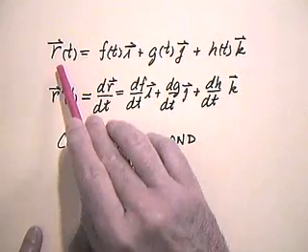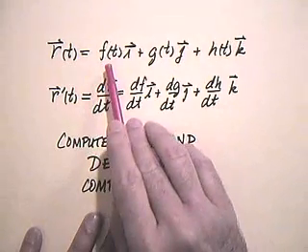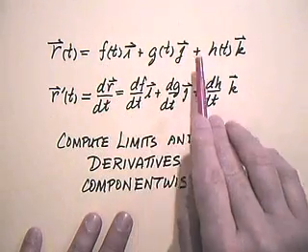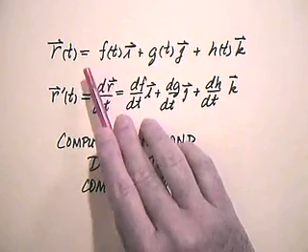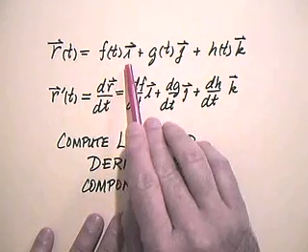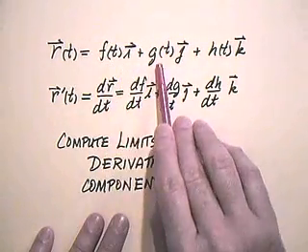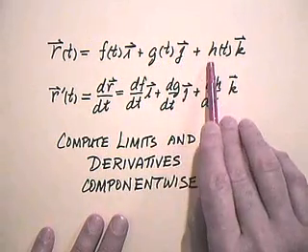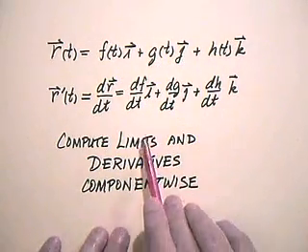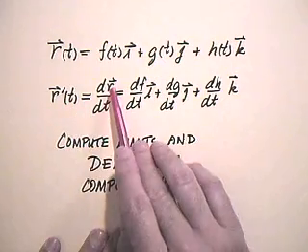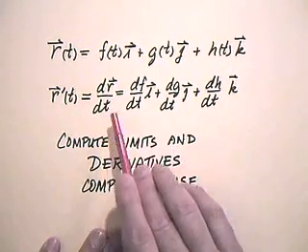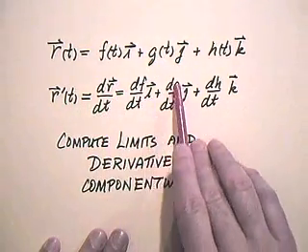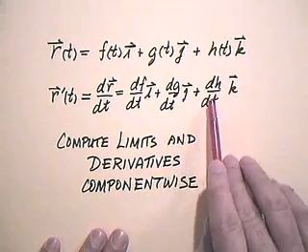If I have the vector function r of t with component functions f of t, g of t, h of t, so r of t is f times the unit vector i plus g times the unit vector j plus h times the unit vector k, then r prime of t, the derivative of r with respect to t, is df dt i plus dg dt j plus dh dt k.